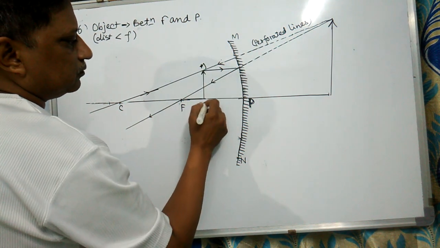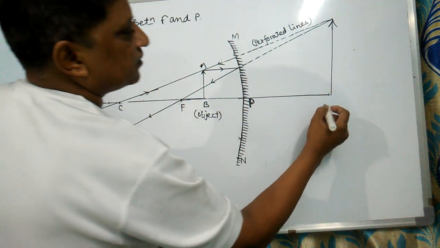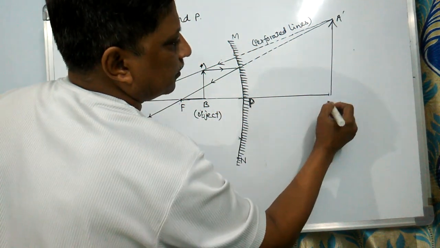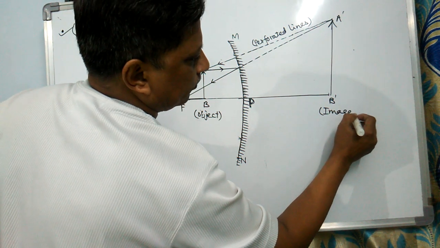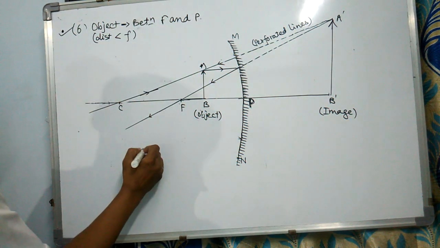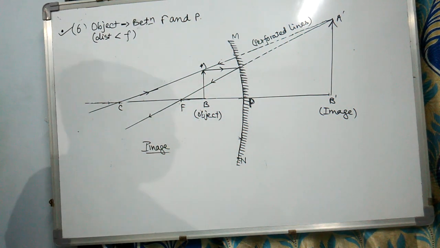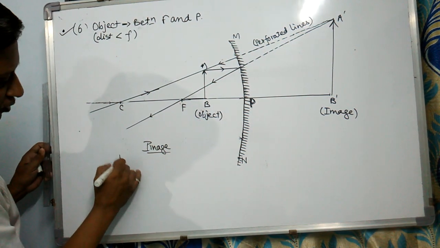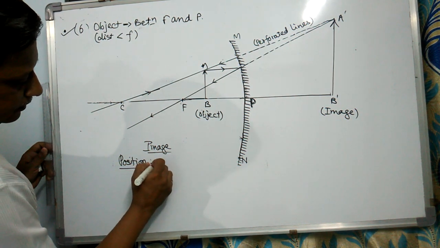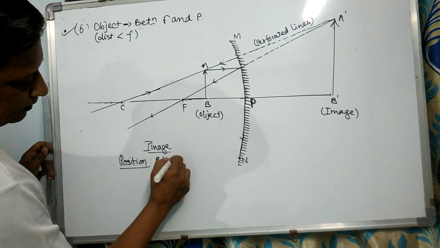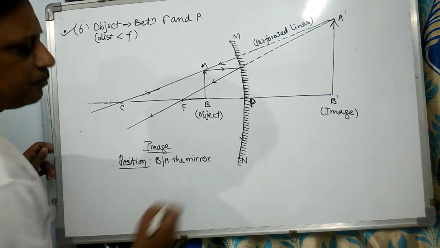So here is the object and this is the image. So what is the position of the image? Behind the mirror.